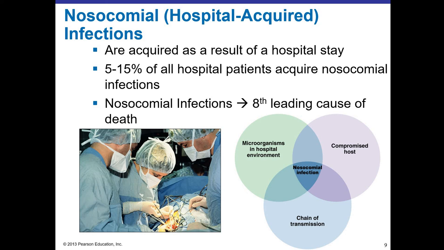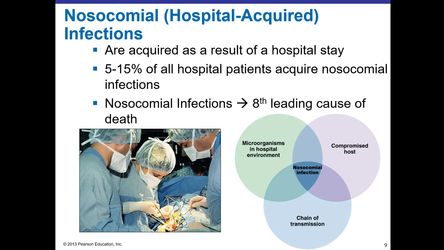The hospital is like the perfect storm. We estimate that 5 to 15% of all hospital patients acquire a nosocomial infection. Why? People are in the hospital because they're sick or having surgery, which makes them compromised, so we have a number of compromised hosts. Because people are in the hospital and are sick, there's a whole plethora of microorganisms in that hospital environment.